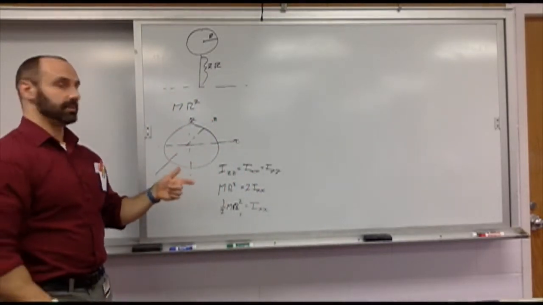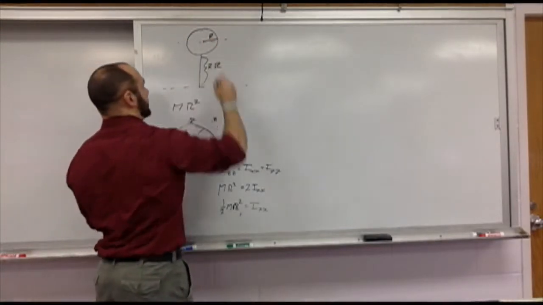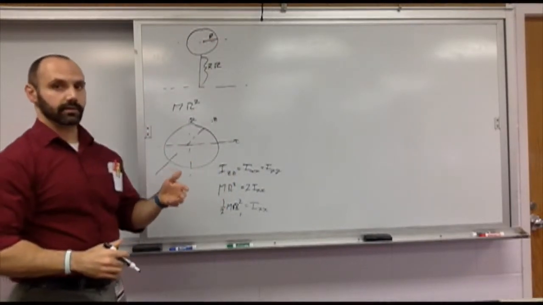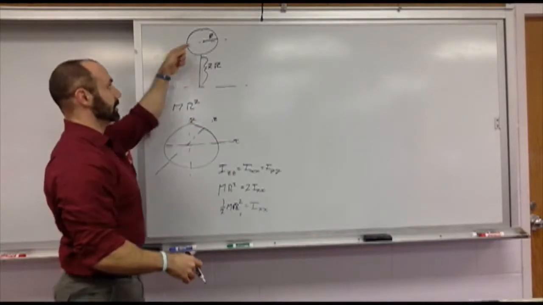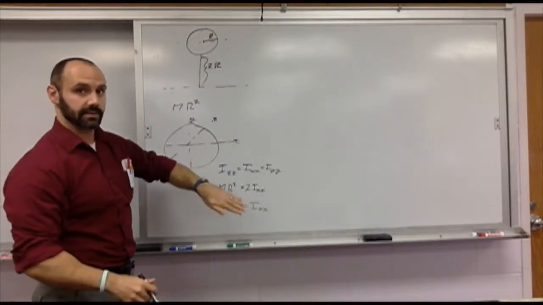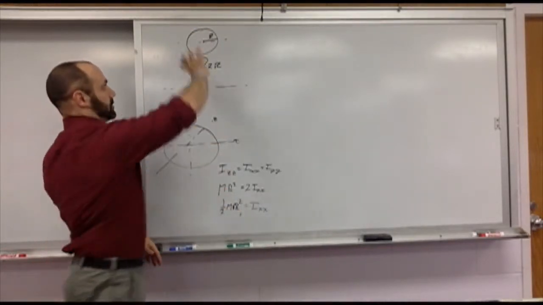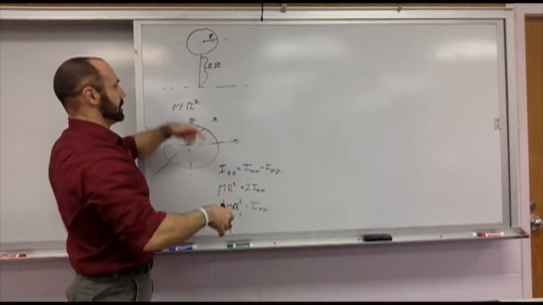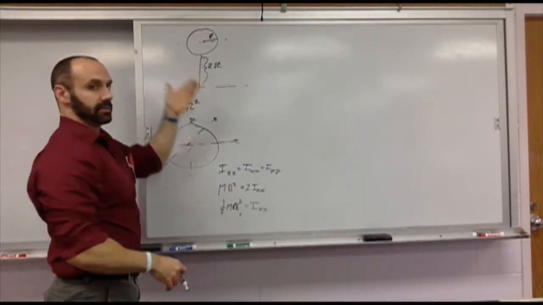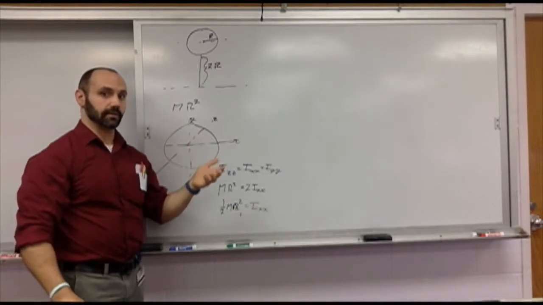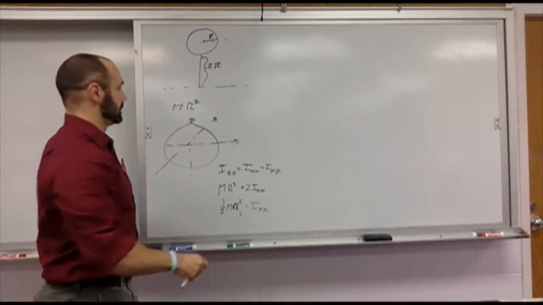And so that's the moment of inertia around here. Now I still have to apply the parallel axis theorem because it's not going around this axis, now it's going around this axis. It's not turning this way, it's spinning this way, out and around. And this is the moment of inertia for a thin rod around one of its axes.